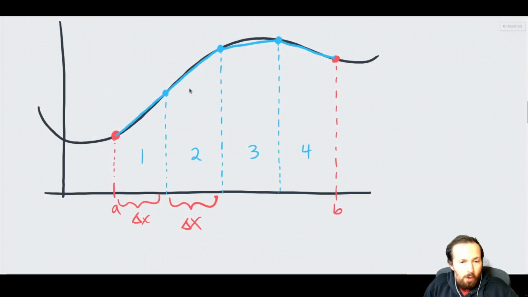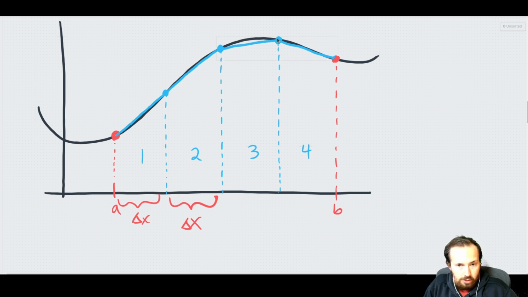Here we can do almost the same thing, but with a slight change. Instead of using the areas of rectangles in each partition to approximate the area under the curve, what we can do is instead figure out these lengths. So if you figure out the length from this point to that point, and then this point to that point, and this point to that point, and you just add up those lengths, add up the blue length on this diagram, hopefully you can see why that will give you a pretty good approximation for the actual exact length of the arc, even though it's a little off.